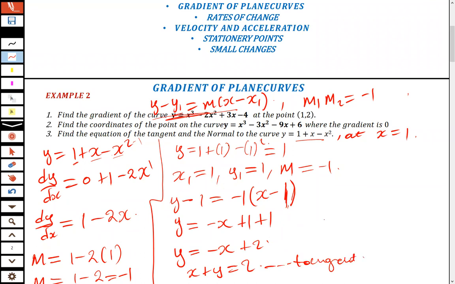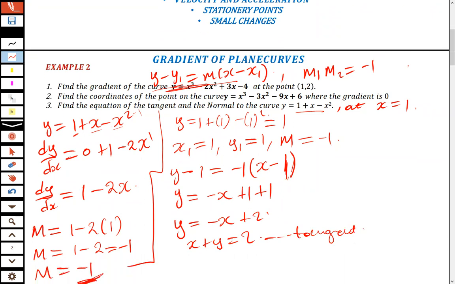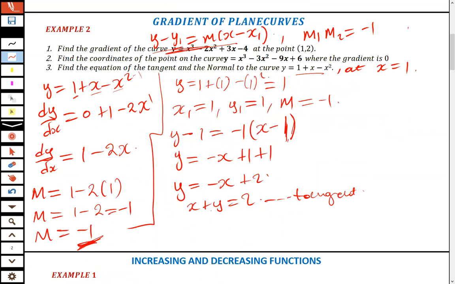So how do you find the equation of the normal? I've managed to find the equation of the tangent. Let us also now find the equation of the normal. The only difference that is going to be there is the gradient. So the gradient, you get it using this formula here. You have m1, then m2, you can take any of the two gradients as m1 and m2.